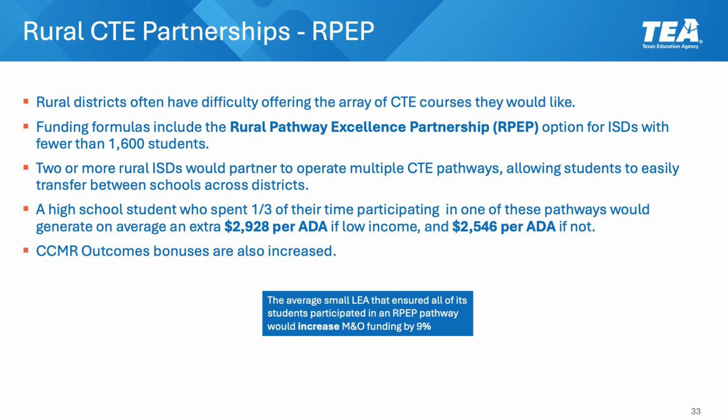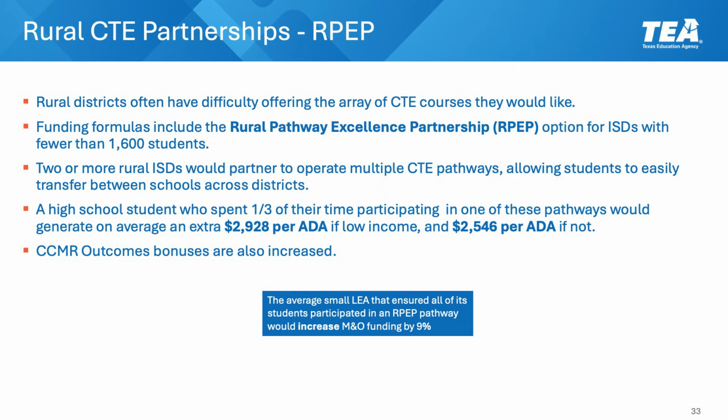Next, rural CTE partnerships. This is something that is called the Rural Pathways and Excellence Partnership. We know that rural districts sometimes struggle to offer the full array of career and technical education courses that they would like. The Rural Pathways and Excellence Partnership allows an option where rural school districts can essentially share those CTE programs and earn additional funds for students that are engaged in that model.